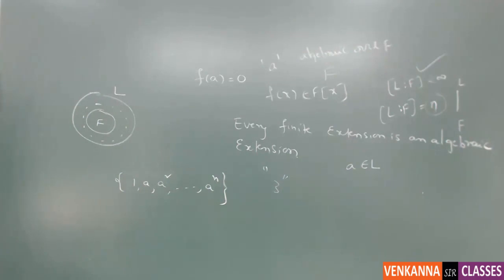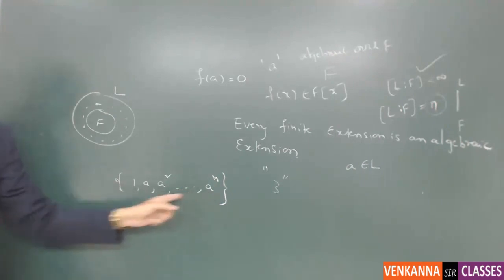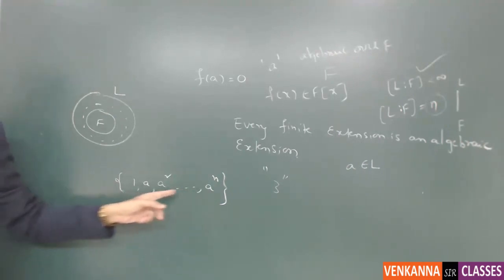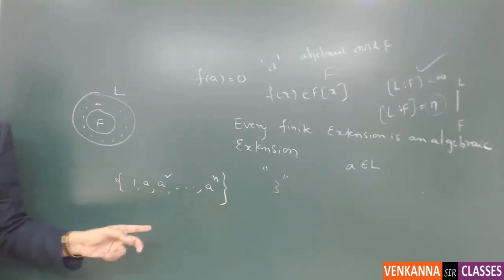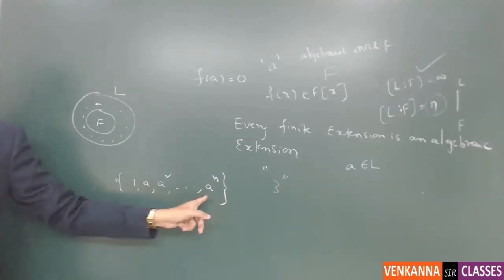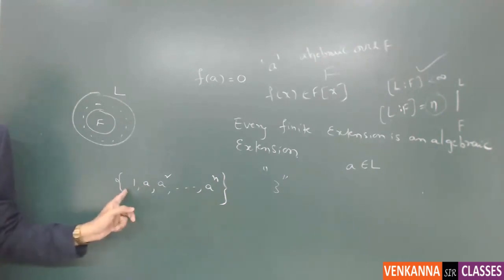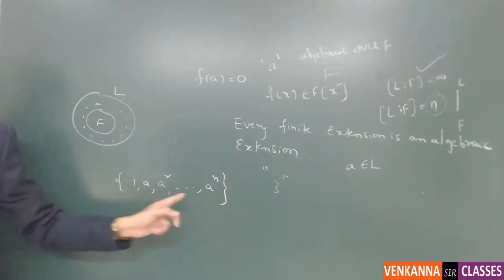Because it is a field, I am simply multiplying the values. So, how many elements are there here? N plus 1 elements. A power 1 to A power n, and 1 is additional, so I got n plus 1 elements.